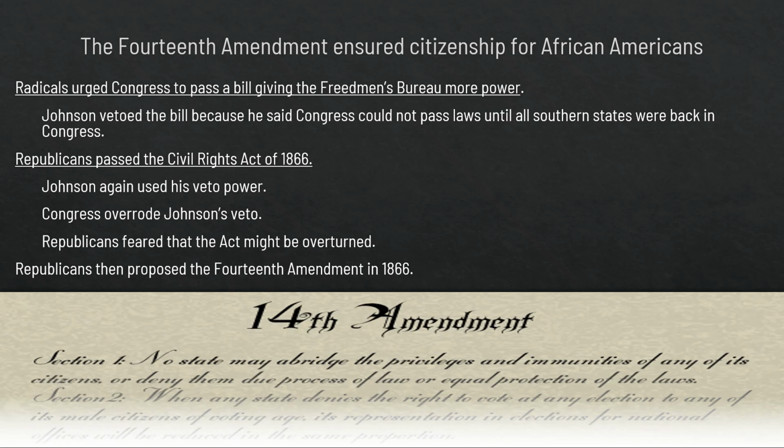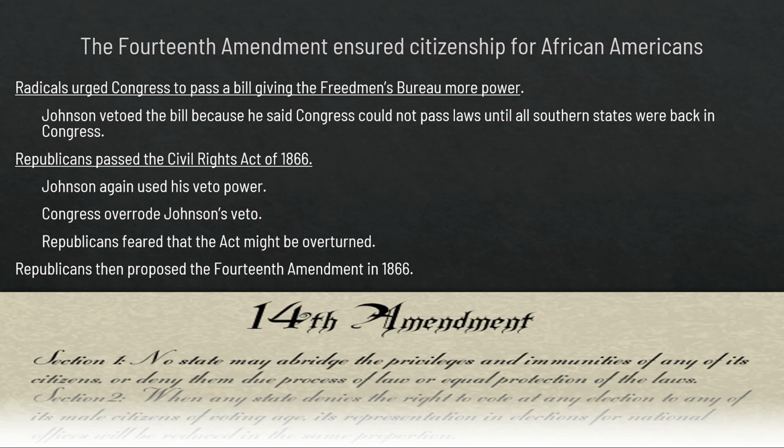So the Republicans are going to also pass the Civil Rights Act of 1866, which grants citizenship and equal rights to all people born in the United States, regardless of race. Johnson's going to veto that act as well. But Congress responds by overriding his veto, which is a rare, powerful move that signaled, again, growing issues between the president and the Congress. So fearing that the Civil Rights Act might later be overturned or declared unconstitutional, the Republicans are going to push for the 14th Amendment.